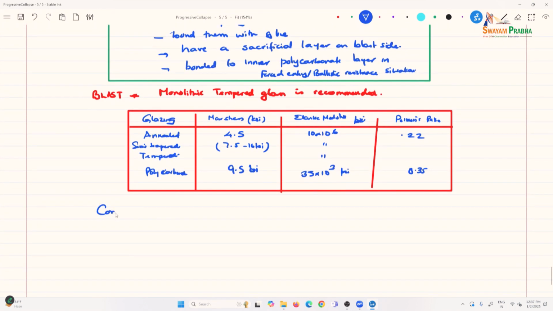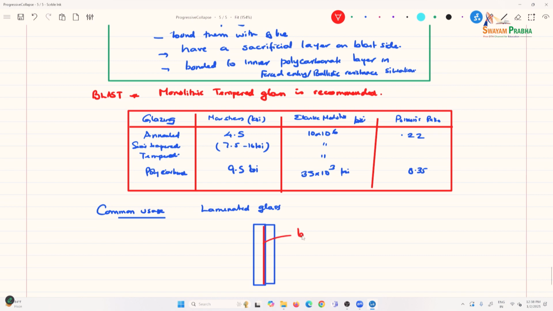A common usage is laminated glass, where you have multiple layers, and then in the center, bonded by polyvinyl butyral, PVB, interlayer film.